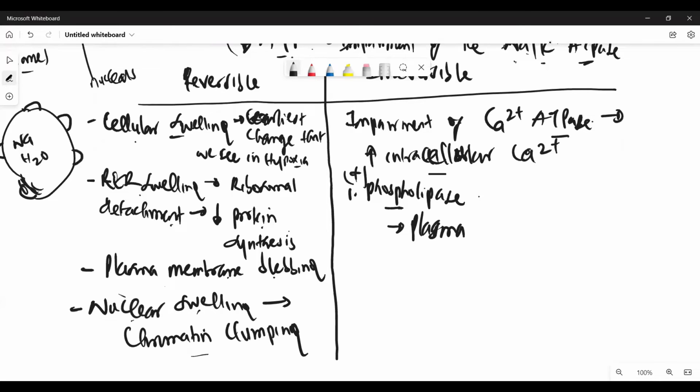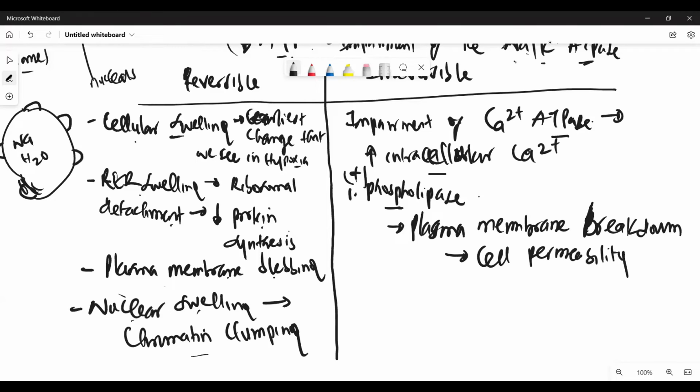So the phospholipids in the cell membrane break down, and that will lead to plasma membrane breakdown and increased cell permeability.